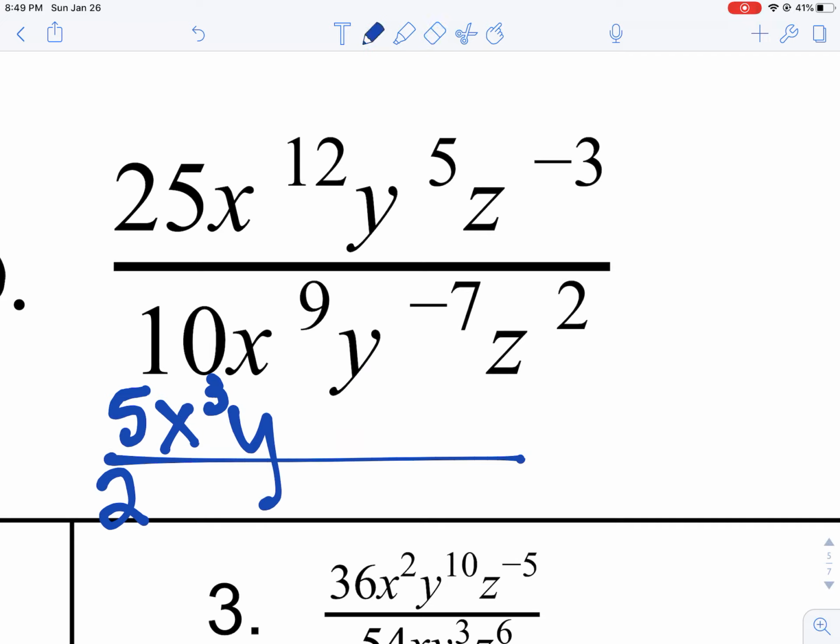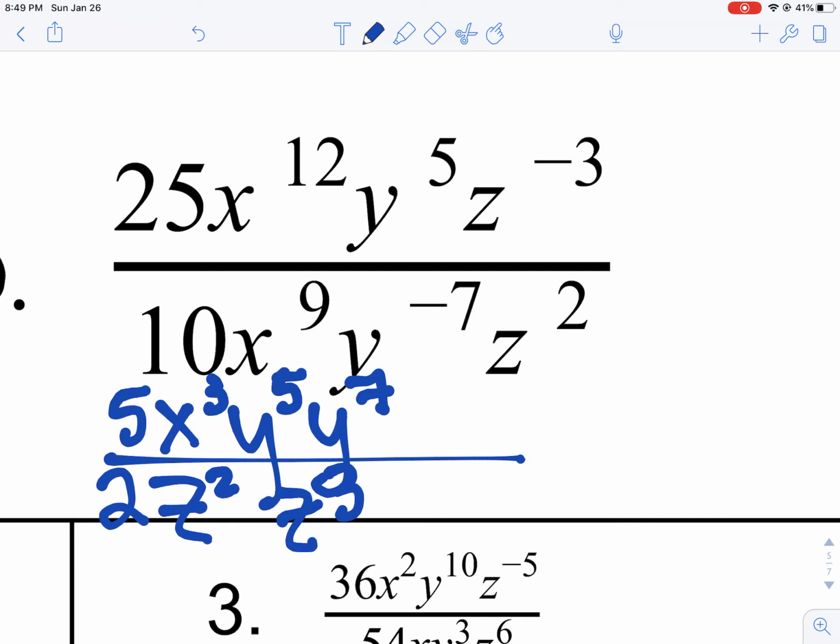And when I move it up, it becomes a positive 7. I also need to be conscious of the z's. I have z squared right now, but I also have z to the negative 3, which needs to come down. And when I do, that becomes positive.